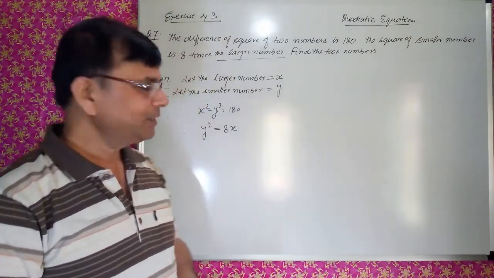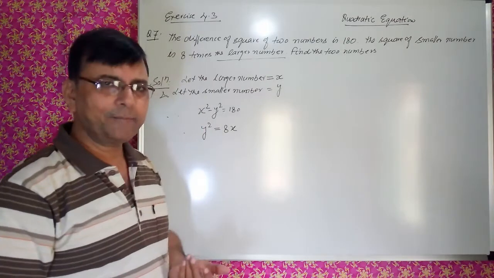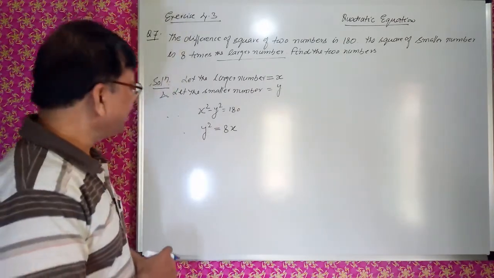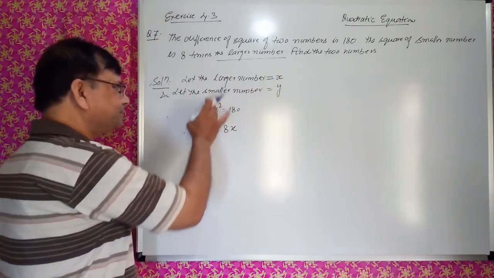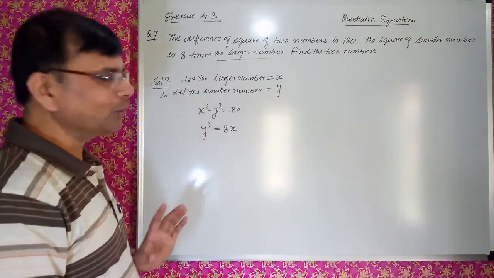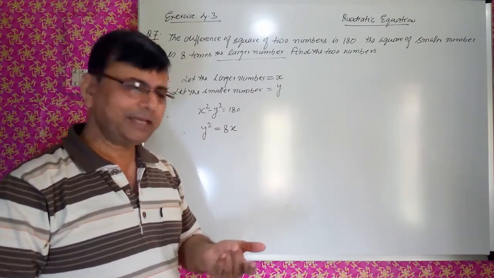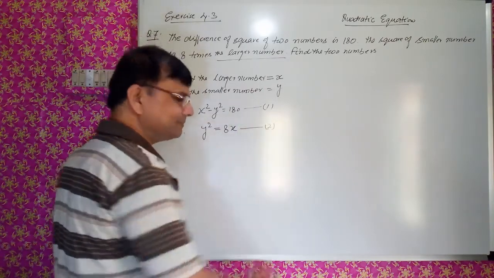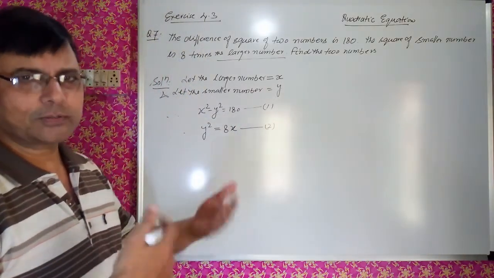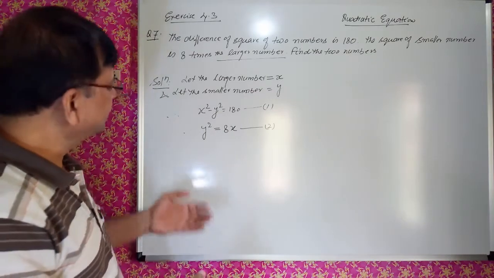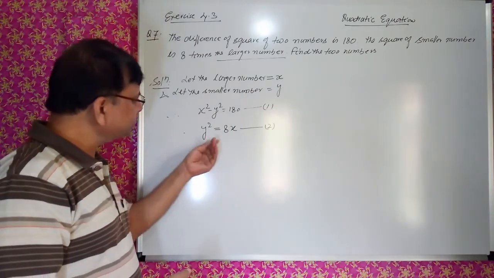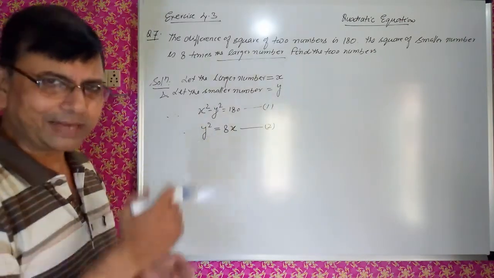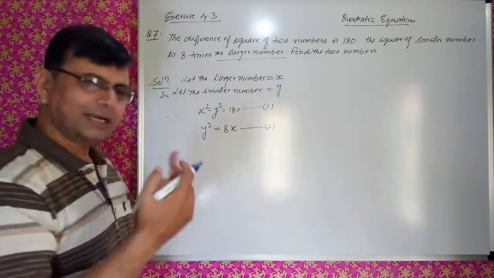So here x and y are required, and two equations are there, so we can very well solve. There are many ways to solve the equations, isn't it? Either we put y square is equal to 8x in the first equation, and we will get one equation with only one variable, or simply we add, and we will get the same result.